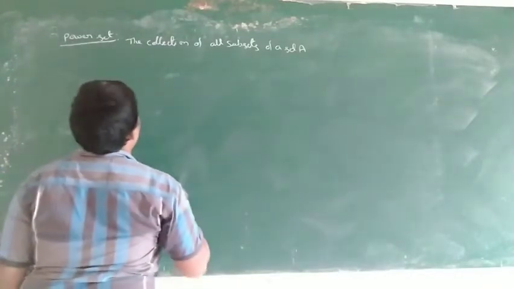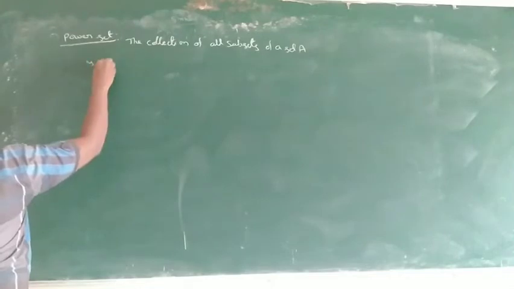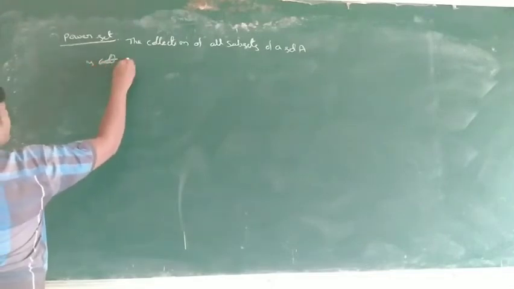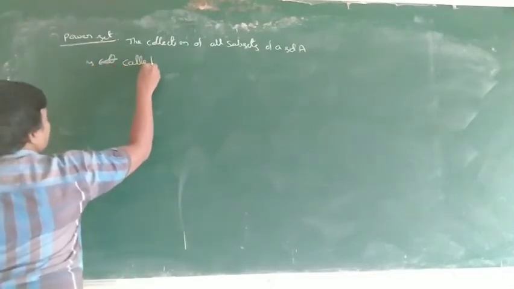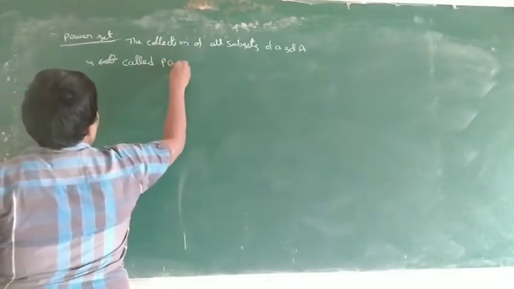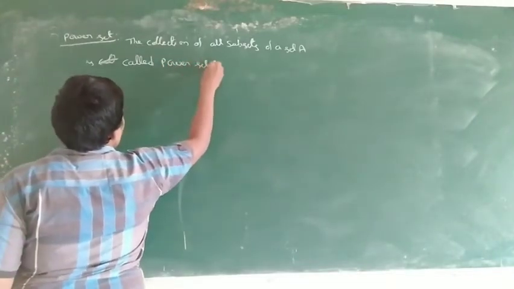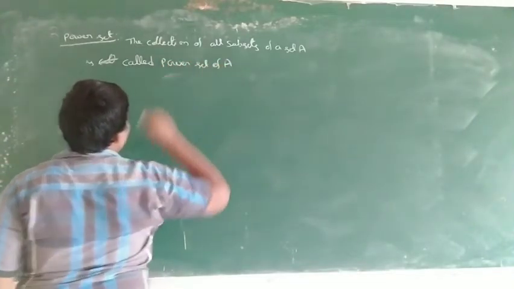The collection of all subsets of a set A is called the power set of A.